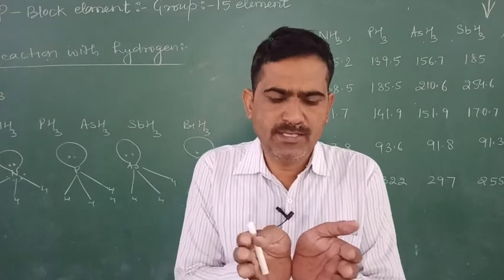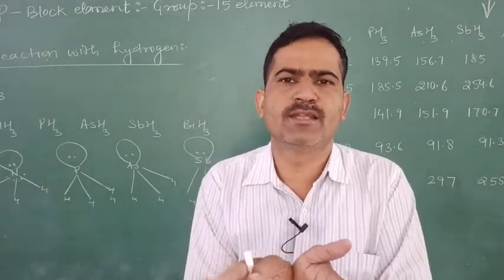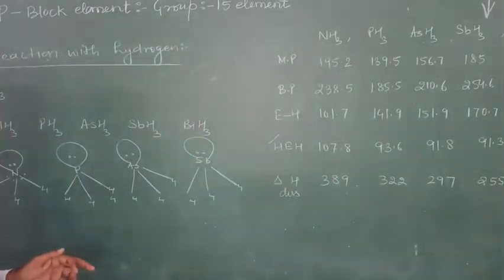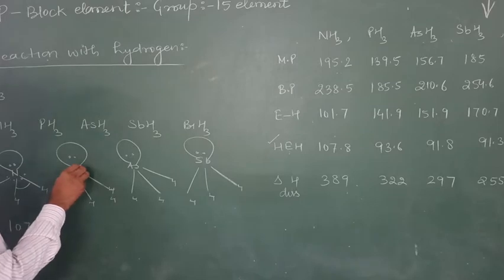When the bond pairs lie near to each other, repulsion increases and the bond angle increases. Ammonia has the highest bond angle, that is 107 degrees 48 minutes.